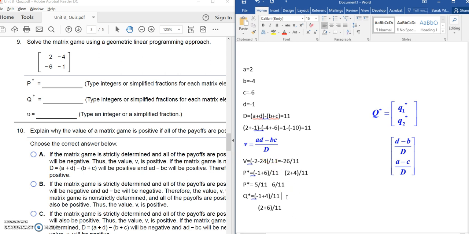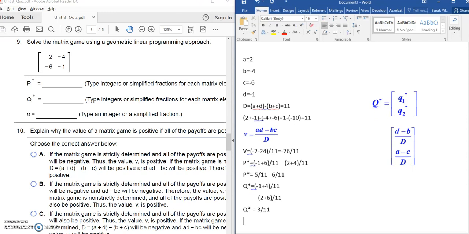So Q star would be 3 over 11 and 8 over 11. Yep, so those are the answers for number 9.